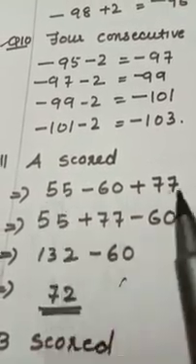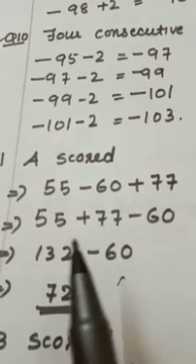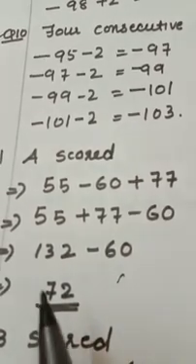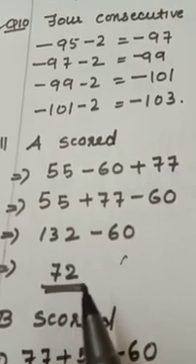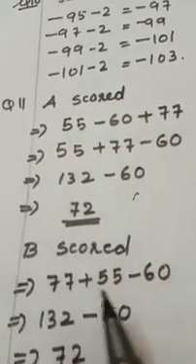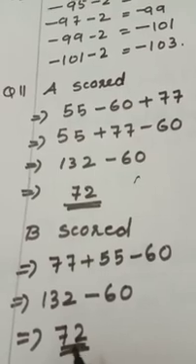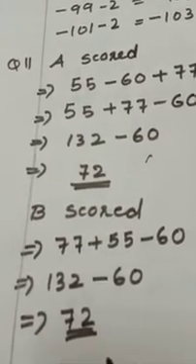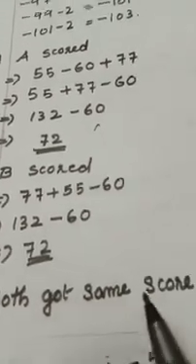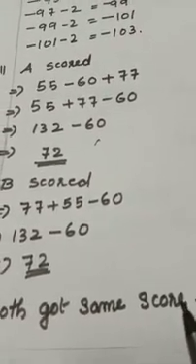Same sign numbers I took together, add them and subtract: 72 scored. Okay. Then here, B scored how much? That also 72. So what is the conclusion? Both got the same score.